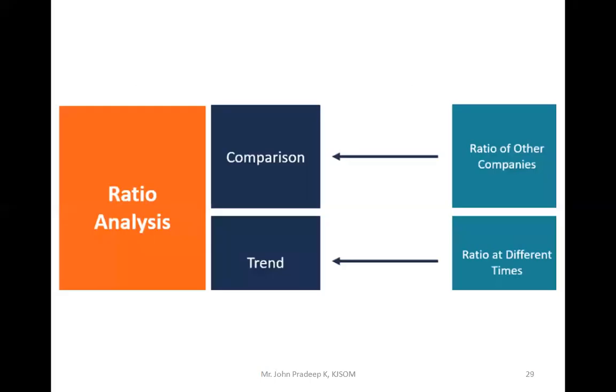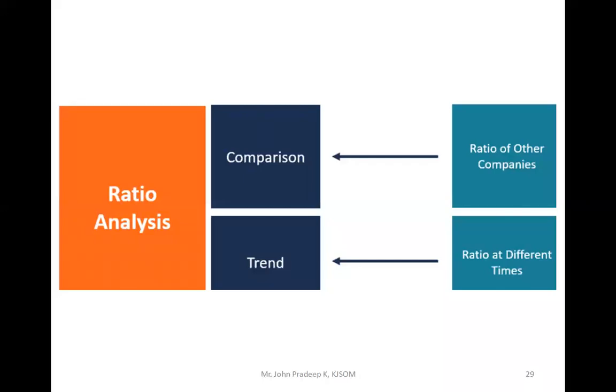So ratio analysis is mainly used for comparison. You can compare with other companies and see whether you are doing better or not. Or you can compare your own company with the previous year and check whether you are better. And then you can find out the trend.